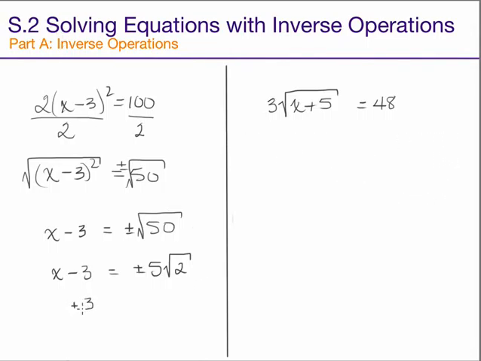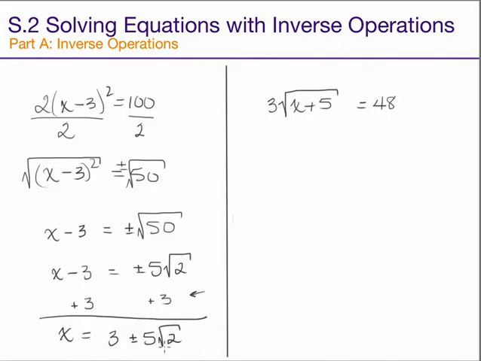Now let's add 3 to both sides. x equals, remember I said I would write this number first? 3 plus or minus 5 square roots of 2. This is my answer.